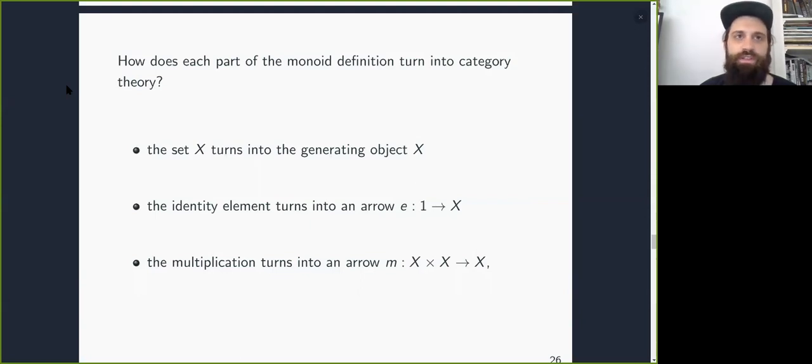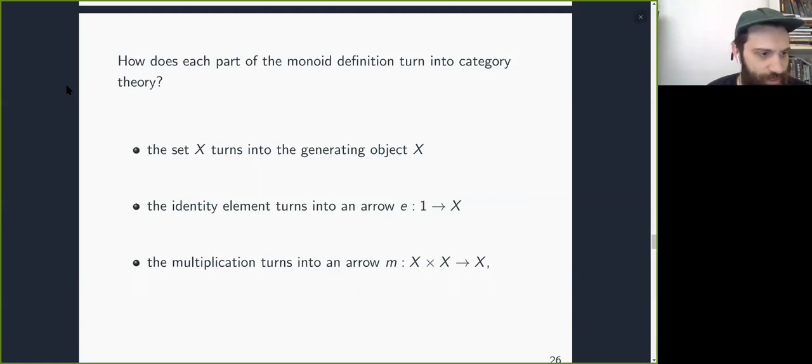Maybe there's a bit of a difference in how we're using the term type. It depends on your perspective, but you can think of x as a type, and sure, x times x would be a different type.